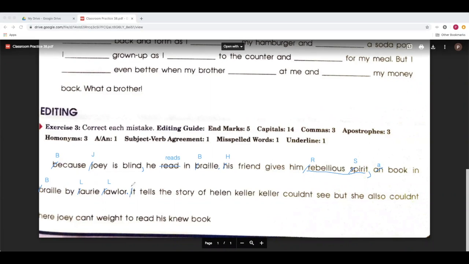This, of course, is the first word of the sentence, so let's capitalize it. It tells the story of Helen Keller, another name here, let's capitalize it. It tells the story of Helen Keller, period. Keller, again a name.